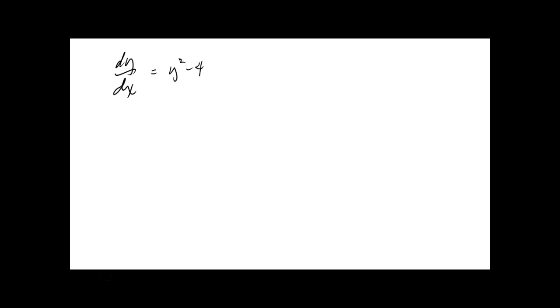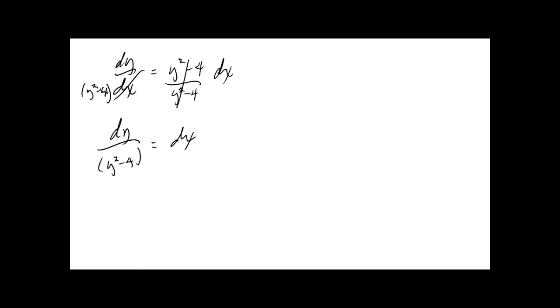Okay, so how would you do that? Divide by y squared minus 4. Multiply by dx, and write it in differential form. Okay, so you have dy over y squared minus 4 is equal to dx.